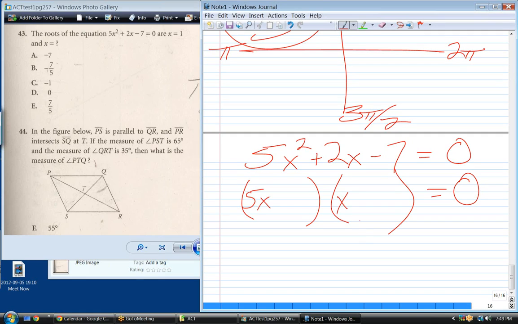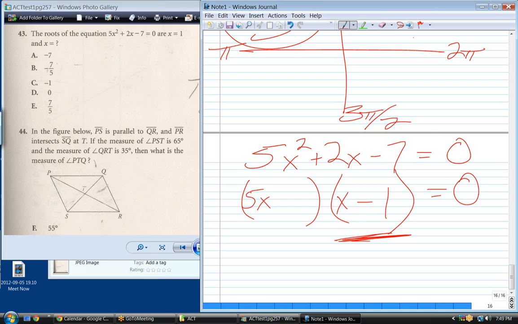Now, this term right here, rather than finishing our factoring, what does this have to be? They've told us that x equals 1 is a solution. So this factor, it must be what? If x equals 1 is a solution, then x minus 1 must be one of the factors.